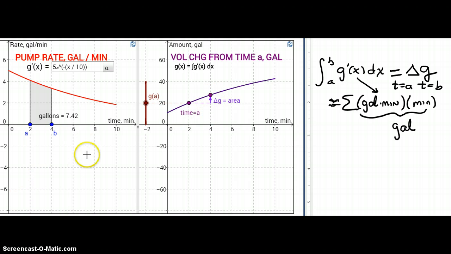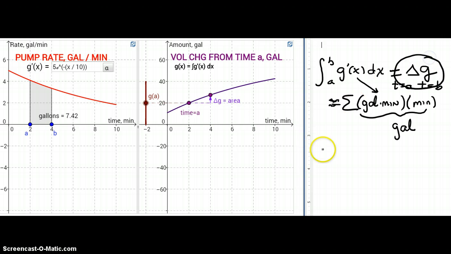And so what this means is that in order to calculate this 7.42 here, all I need to do is find the difference here. It doesn't matter how much water is in the tank to begin with. And so what I see is that this delta G is equal to the number of gallons at time B minus the number of gallons at time A. That's really our definition of delta.